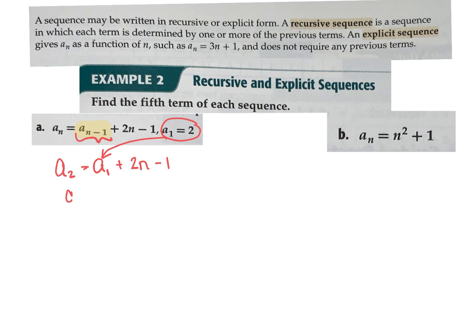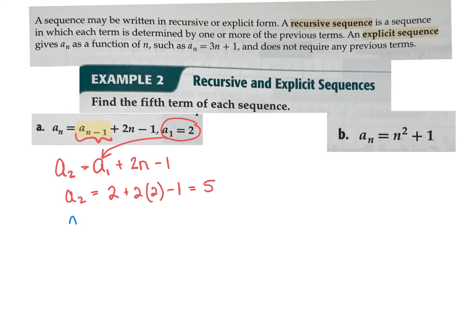And so to find my second term, I would say it's going to be the term in front of it, 2, plus 2 times what term I'm on, 2 minus 1. And so this would be 2 plus 4 minus 1, right? Which I'm going to get what here? 5. So that's my second term.